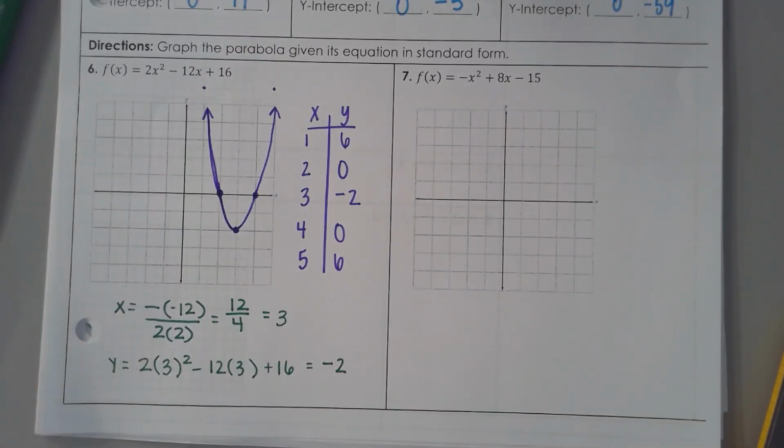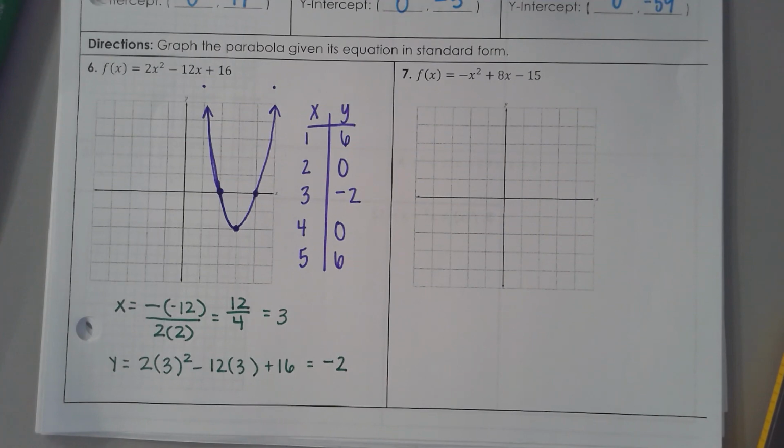It doesn't have to be perfect. I do want you to avoid making a sharp point at the vertex, because it's important that you know it's not a V shape. It doesn't come to a sharp point.